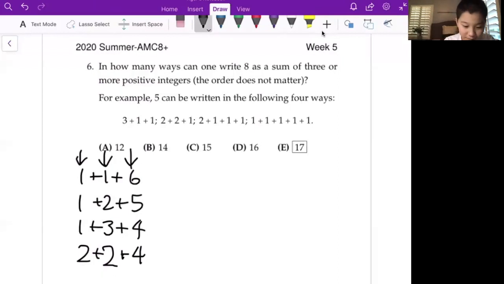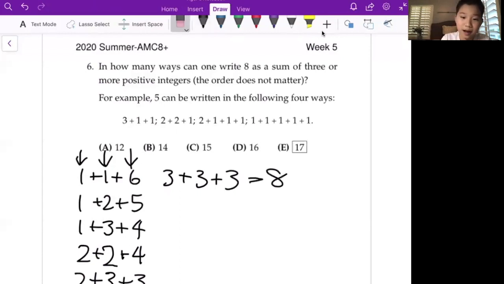Now, let's do the same thing that we did. Increase the tens digit until we can't anymore. Then we can't. 2, 4, 2 doesn't work. Okay, so let's try 3. This should be 3, and then this should be at least 3. But no, this is greater than 8.